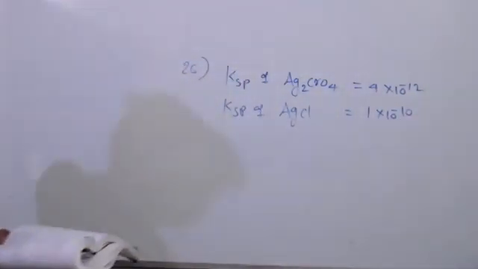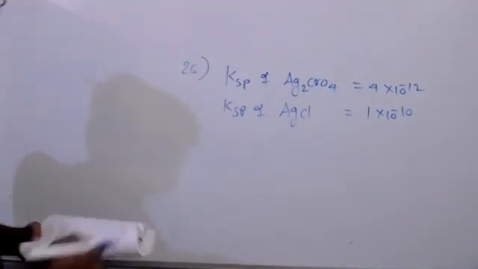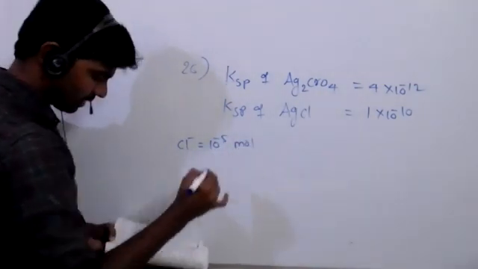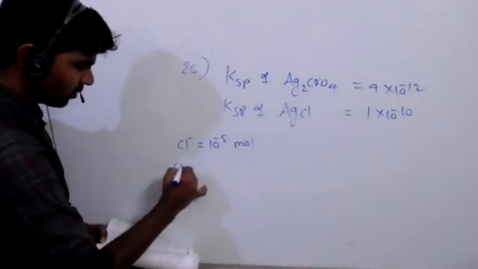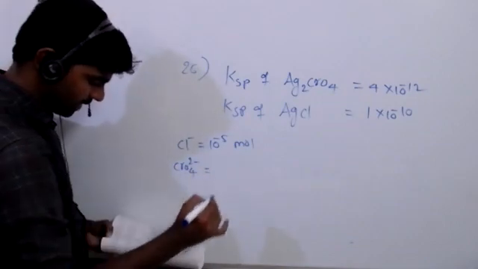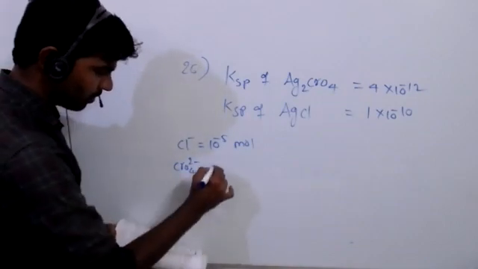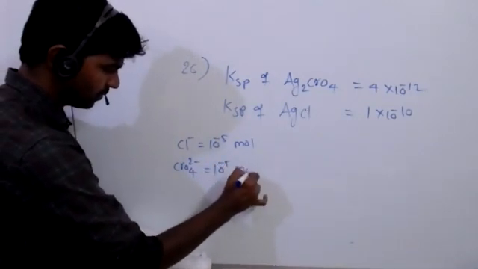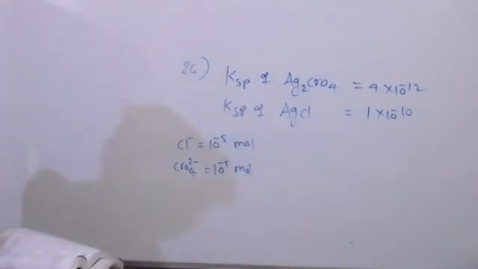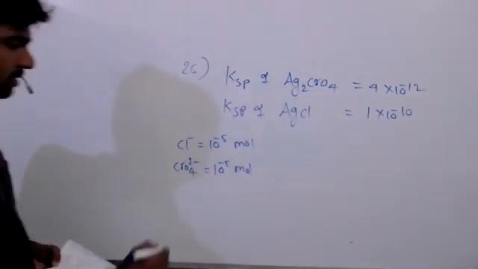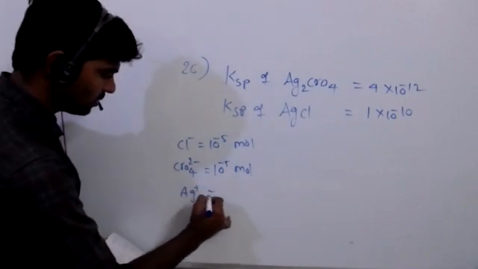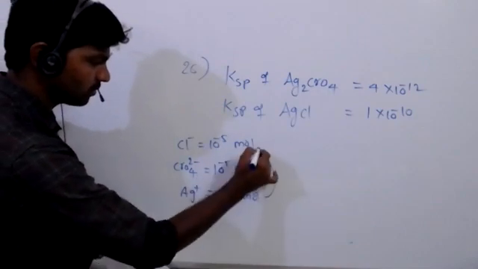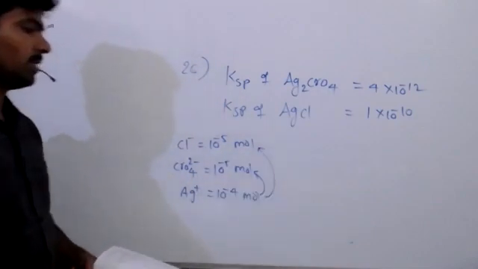In the question, we are taking 10 power minus 5 moles of Cl minus ions and CrO4 2 minus; this is also 10 power minus 5. To this we are adding 10 power minus 4 moles of silver nitrate, so silver concentration is 10 power minus 4. We are adding this to both, then multiply.